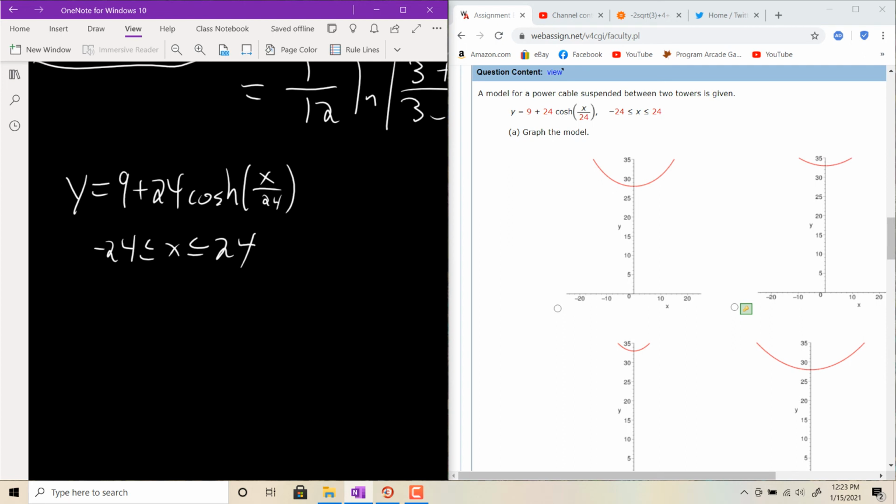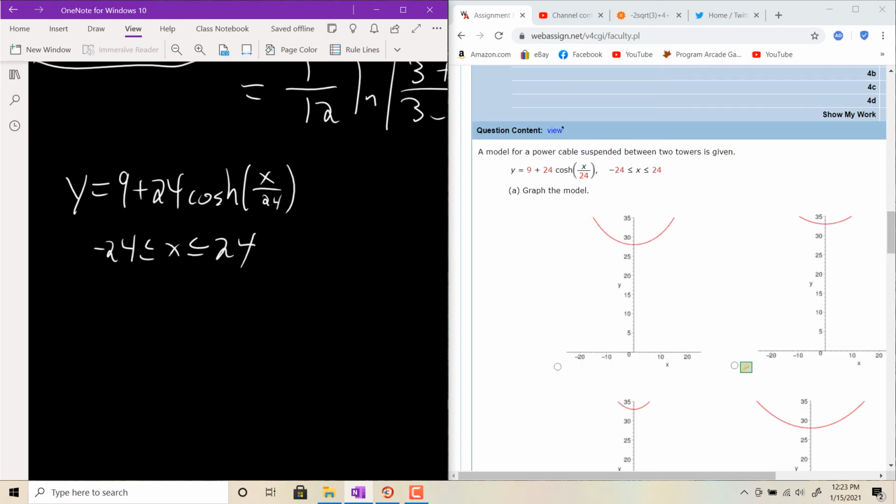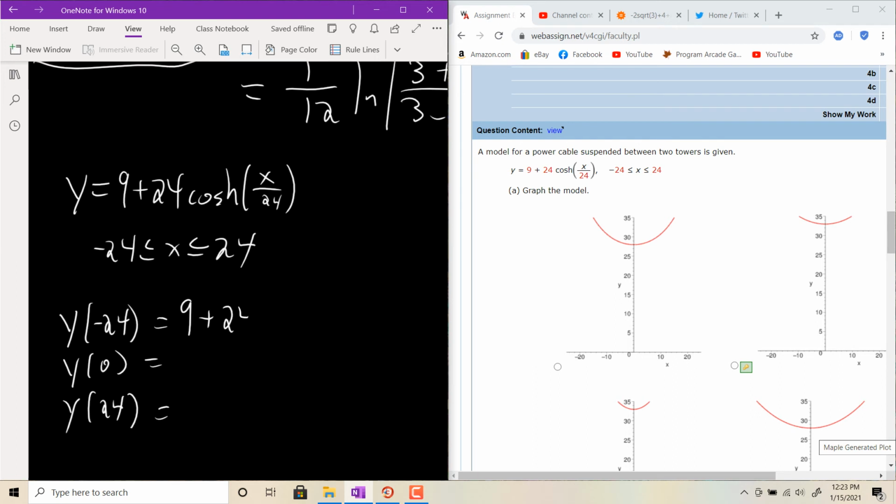So you can literally just evaluate this at negative 24, at 0, and at 24, and probably get your answer. So this will be 9 plus 24 cosh of negative 24 over 24, which is negative 1.